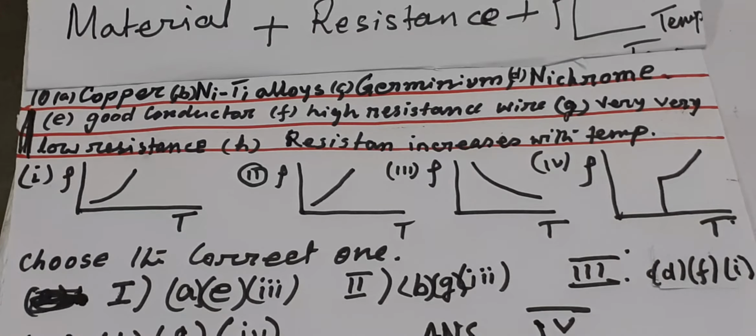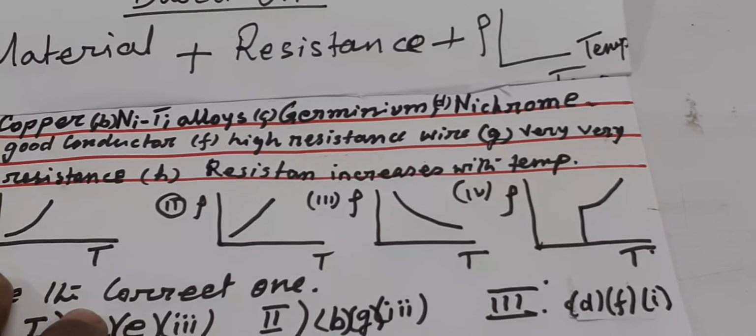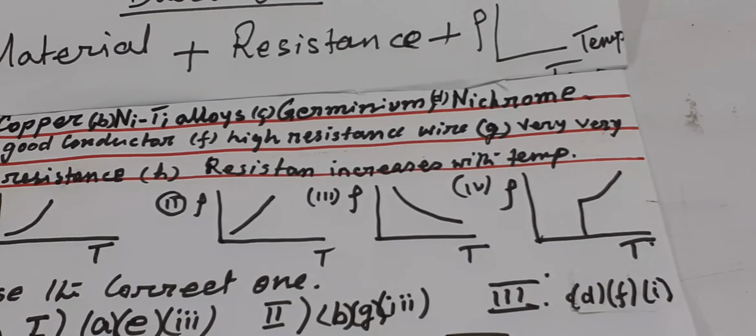Now come to combination 3, D, which is nichrome, F is high resistance wire, and plot 1.